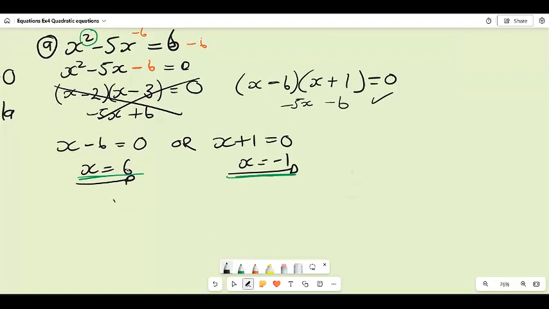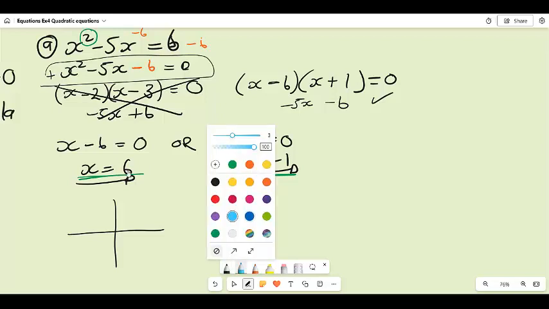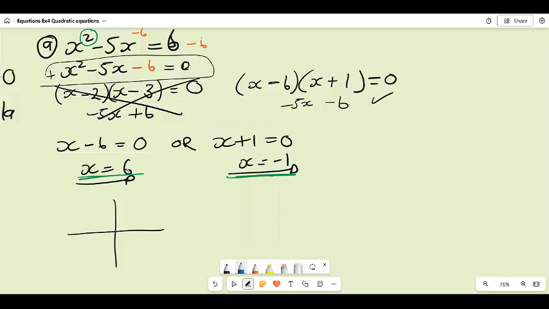If I attempt to sketch this, which I like to do when I'm explaining things so that you can see how things are connected: this is a quadratic equation. My a is positive, which means it's a smiley face. Because it's positive, I know it's a smiley face.